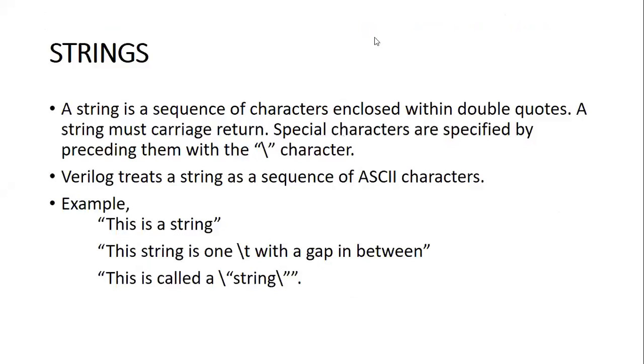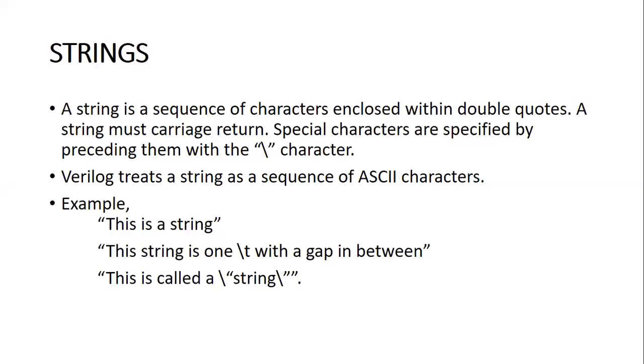That's why when we were writing sample programs, I wrote $monitor, I wrote $time, and next I wrote quotes. So whatever I write in quotes will be considered as a string. That's why that was printed in the console window.